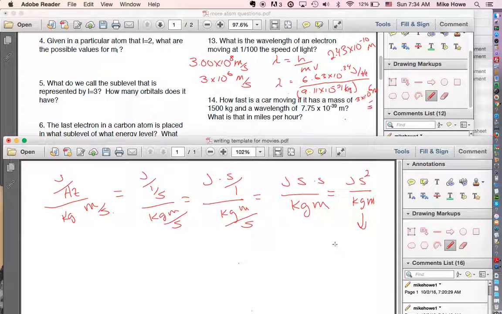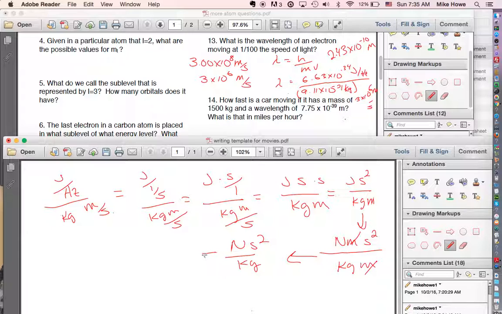Now come on down here. So a joule is a Newton meter. Remember from last year in physics, a joule is a unit of energy or unit of work. So it's a Newton meter second squared over kilogram meter, and there's where our first meter goes away. So now we've got a Newton second squared per kilogram.